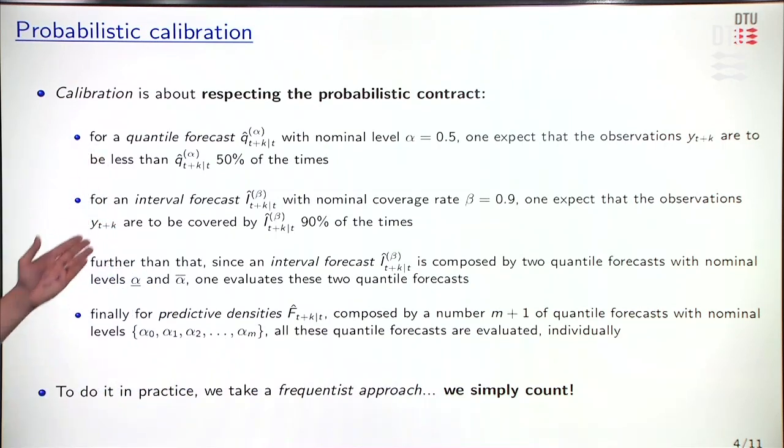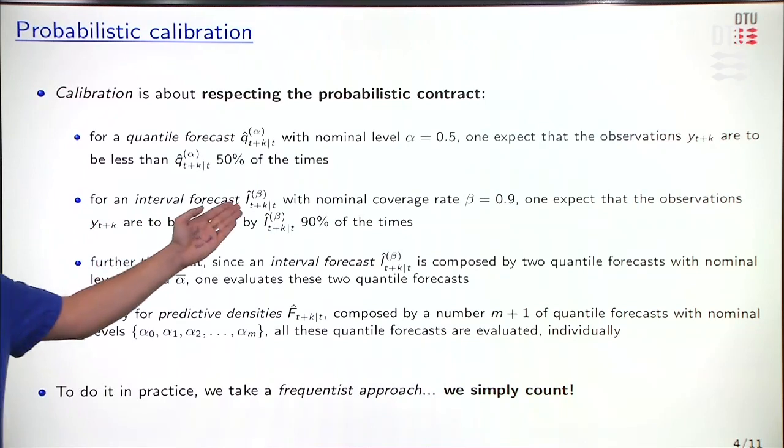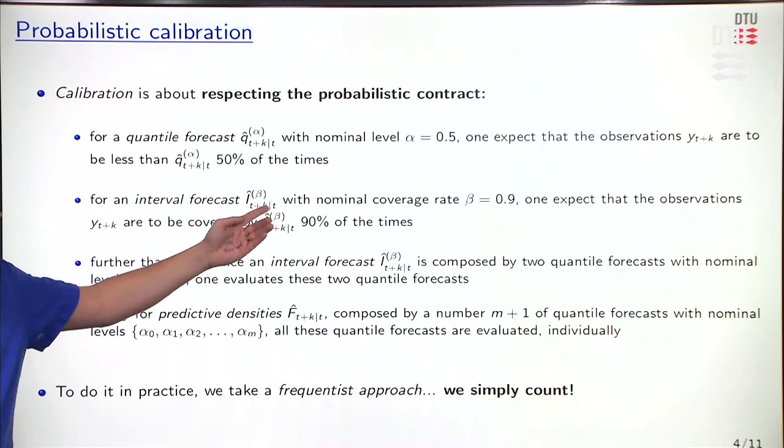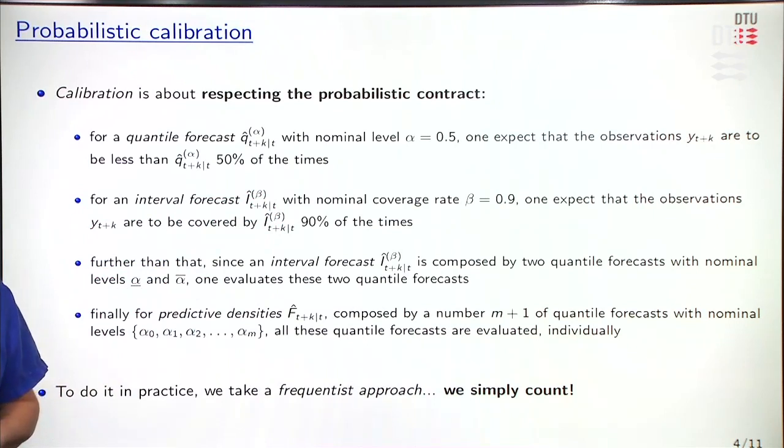In parallel, for an interval forecast, which we denote I t+k|t and with beta being the nominal coverage rate, let's say beta equals 0.9, that means that we expect the observations to be covered by this interval 90% of the time.